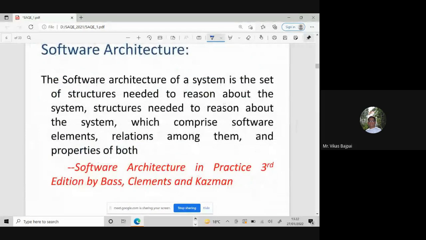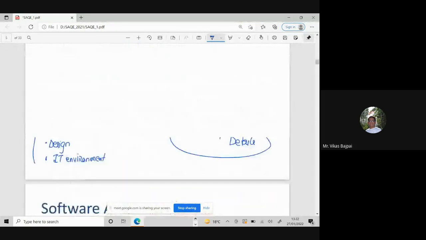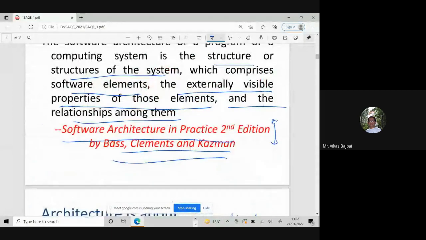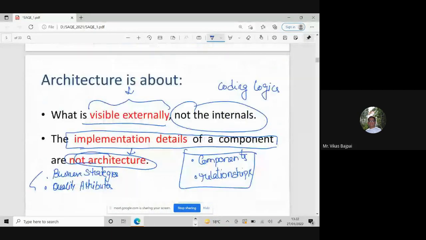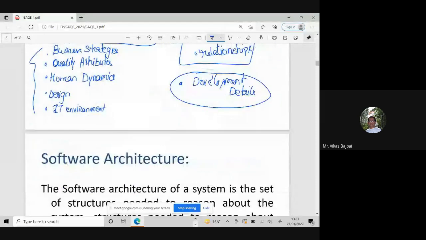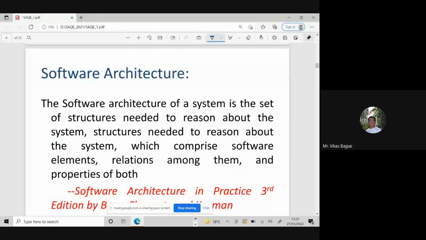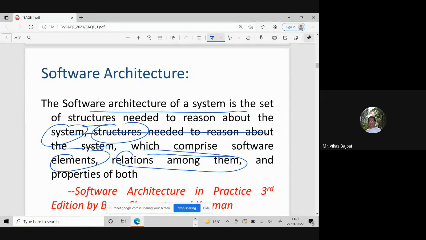So this is the definition from Bass, Clements and Kazman. We have introduced it once again, as we have previously talked about this, just to give you an idea that after all these discussions the picture becomes clear. The software architecture of the system is the set of structures needed to reason about the system, which comprises the software elements, the relations among them, and the properties of both.